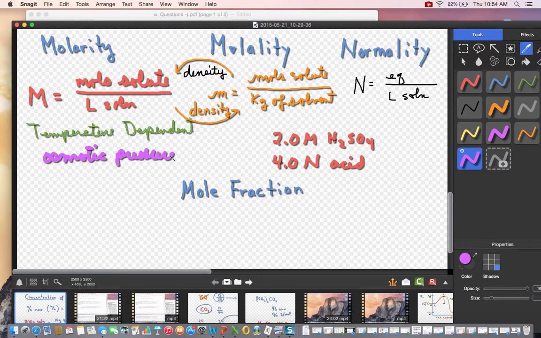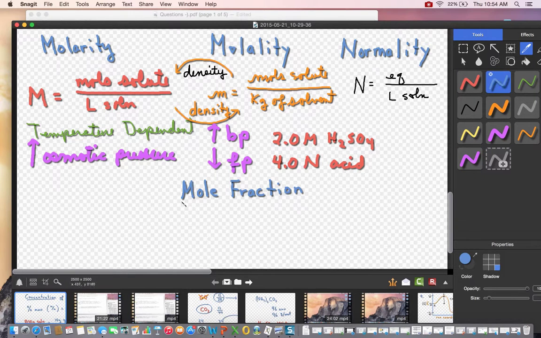We're going to be dealing with these colligative properties in just a few minutes when I talk about them more formally. We use molality for the elevation of boiling point, for the depression of freezing point. And of course, the colligative property for osmotic pressure is that osmotic pressure will increase as I add particles.